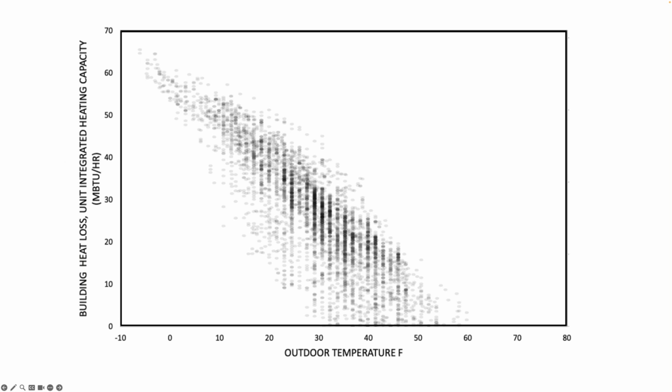The challenge is, as you may remember, that we only have two points for capacity: the 47 point and the 17 point. We also have the HSPF2, which is a weighted average of efficiencies at different temperatures and loads. And so right away, it's not really helpful for understanding what the power is at any of these points.